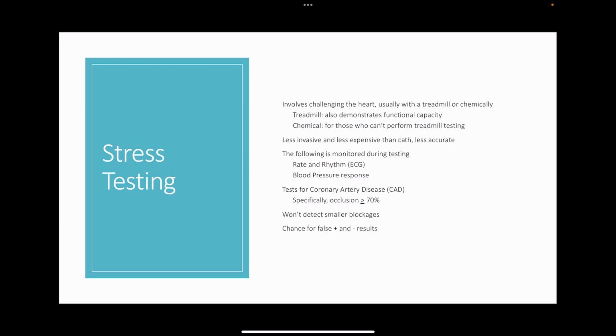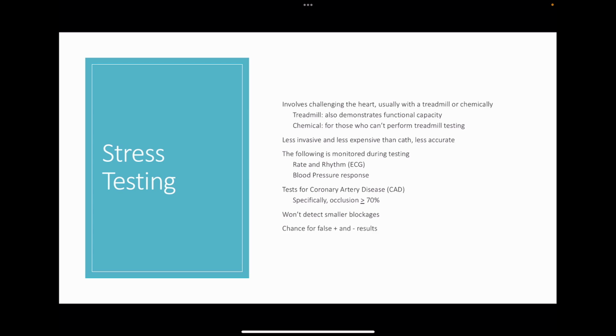There are two ways to do it: with a treadmill, which is the normal way, or we can give them a chemical that makes their heart rate go fast and they just lie on a table. Obviously, if you have an elderly patient with bad knees who can't walk very well on a treadmill, don't do that, because they're going to tire out before you get their heart rate up to an appropriate level.